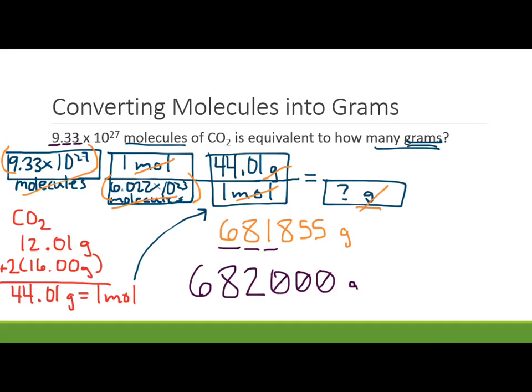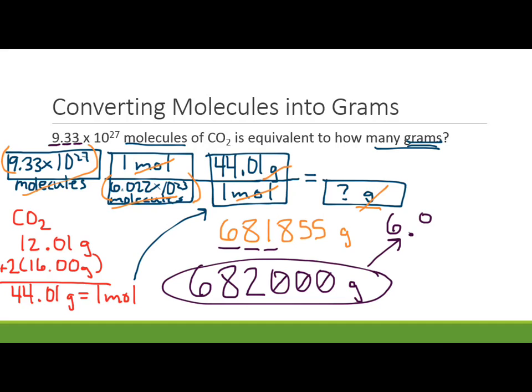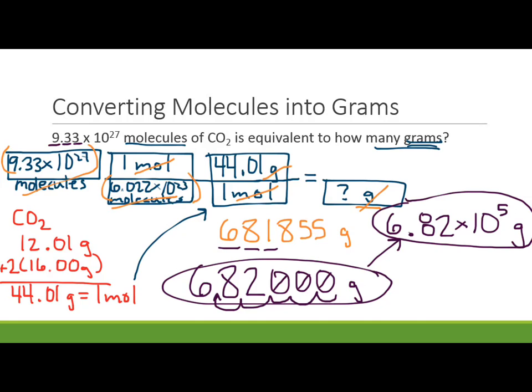So I can go ahead and write it like this, 682,000 grams, and I can leave it like that, or I could go ahead and convert that into scientific notation just for fun, because nothing says fun like scientific notation, right? 6.82 times 10 to the, let's see, we'd move it 1, 2, 3, 4, 5. So 6.82 times 10 to the 5th grams.